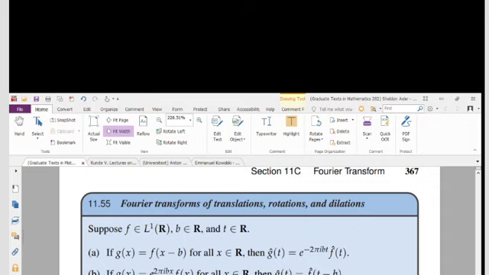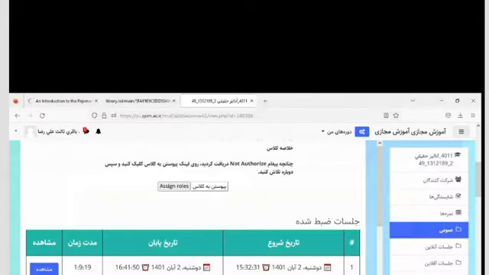And for any non-zero element b, if g of x equal to f of bx, then g hat of t equal to this. Please prove these three statements, it is very useful for you. Okay, dear students, let me write for you.